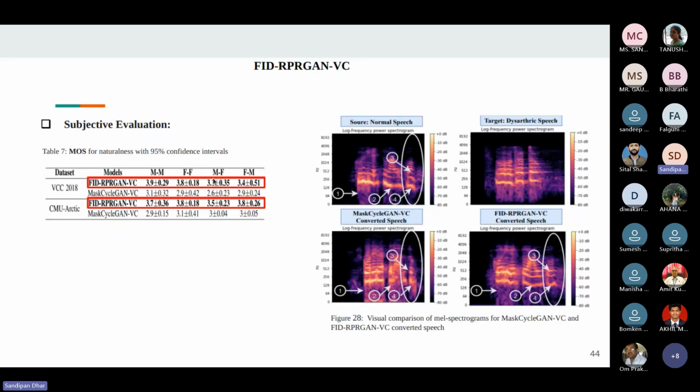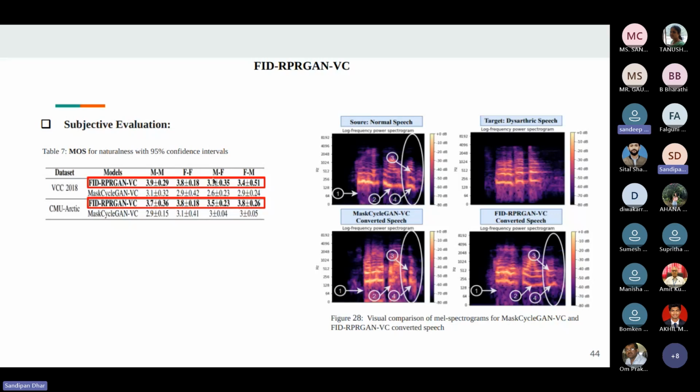Now, say for example, we have a specific content, the same content uttered, as I explained in the initial slide, by the same mechanism. We have one specific content uttered by the normal speaker and the dysarthric speaker. In the target domain, we kept the dysarthric speaker, and in the source domain we kept the normal speaker.